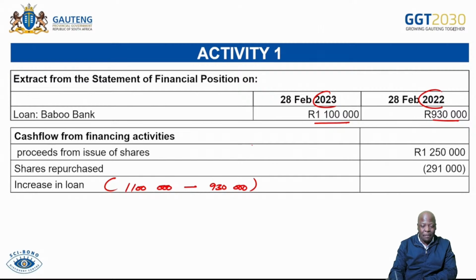When it is a liability, loan which is a liability, there's an easy way to ascertain whether it's cash inflow or outflow. You simply say current minus previous. Current year, 1,100,000. Previous year, 930.